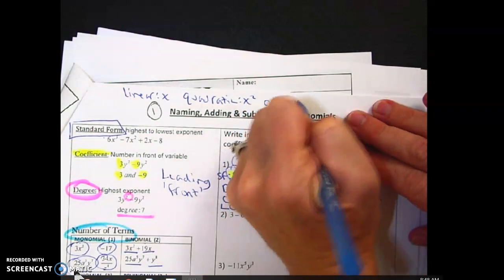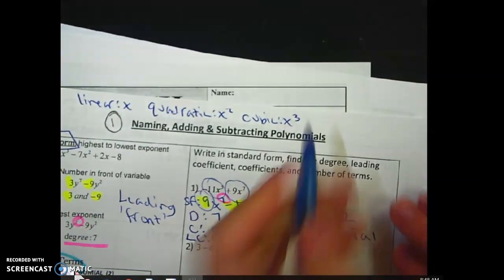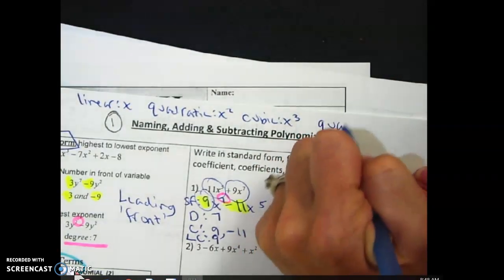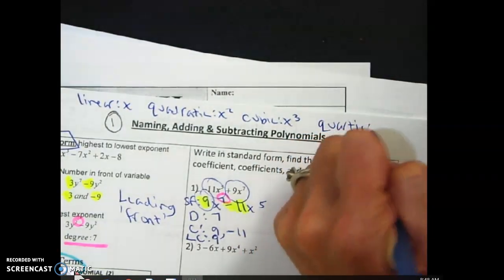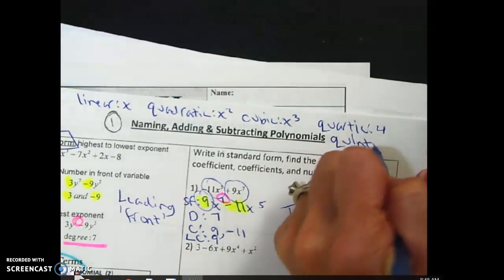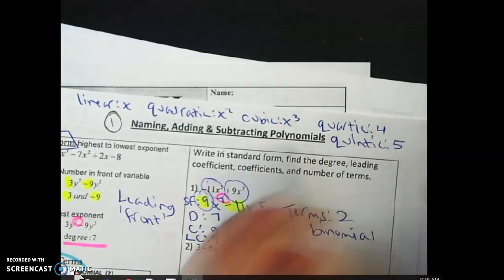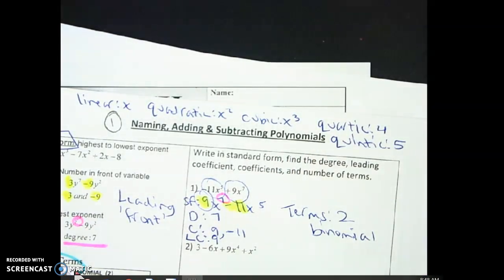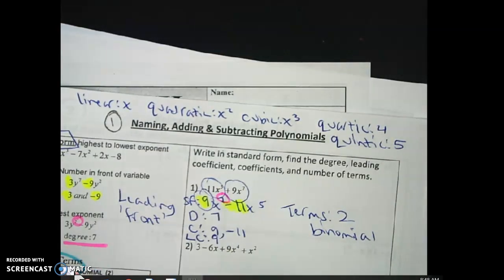Cubic means it's x cubed, and that's whatever the degree is. Let me zoom that in a little bit. The next one is quartic, like there's 4 quarters in a dollar, and that's 4. And then there's quintic, and that's fine, okay? Anything higher, I don't care. So with that being said, this is to the 7th power, I don't care.